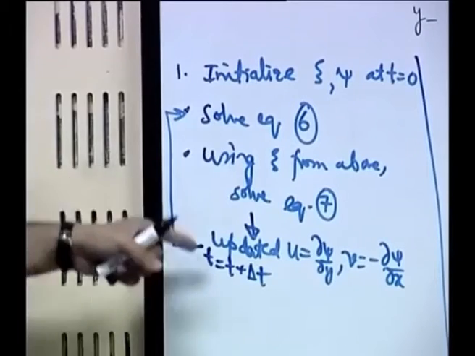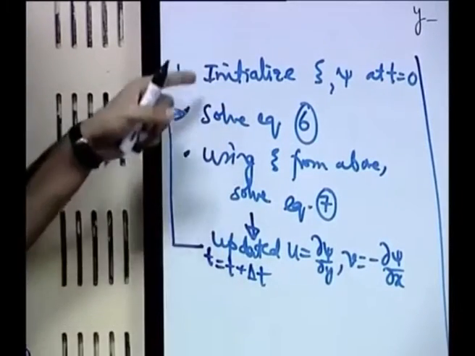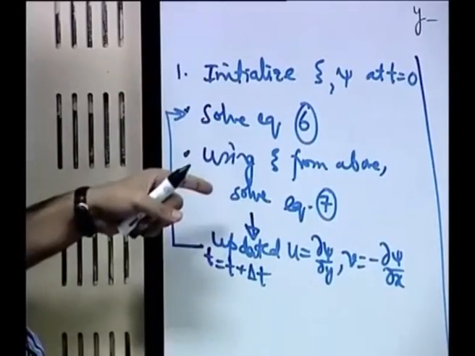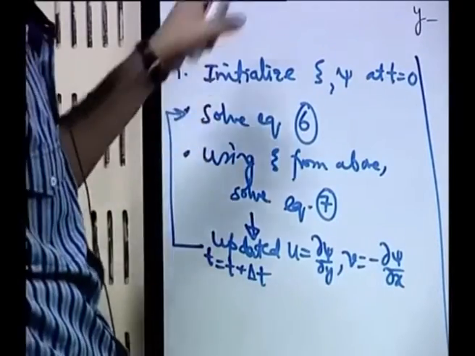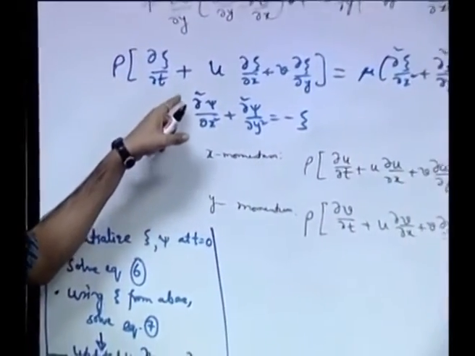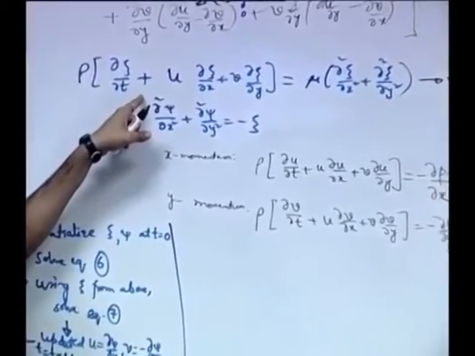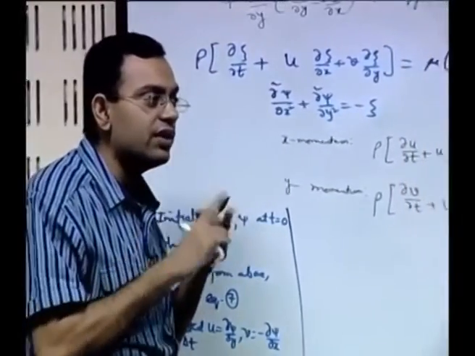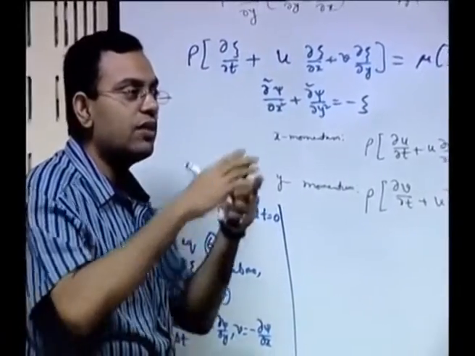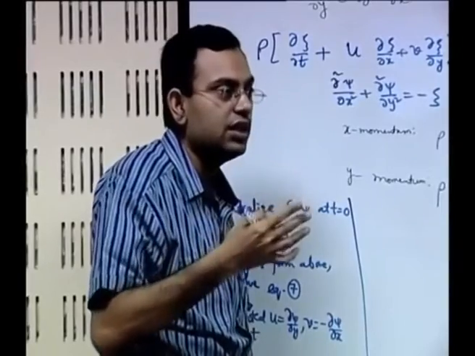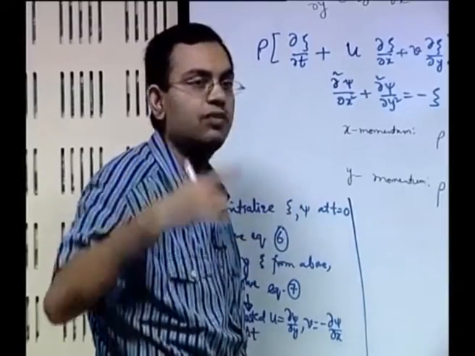So there is some outer iteration where the iteration variable is time, and within that there is some inner iteration where you have the iterative solution of this equation as well as this equation at a given time. So you freeze time at a given level, you have spatial variables, those spatial variables you solve by an iterative technique, and then you go for the next level of time.